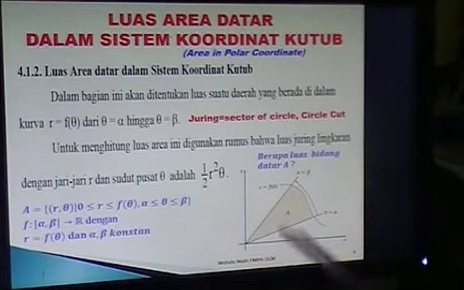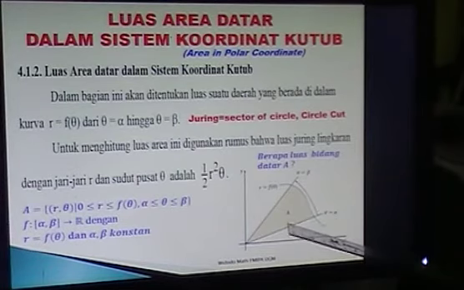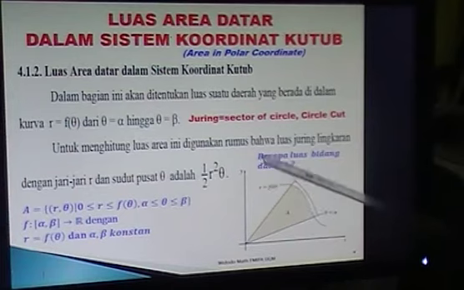I mean this area is called a sector of a circle, or Juring. So the idea is that we want to approach this A by using the sector of a circle.